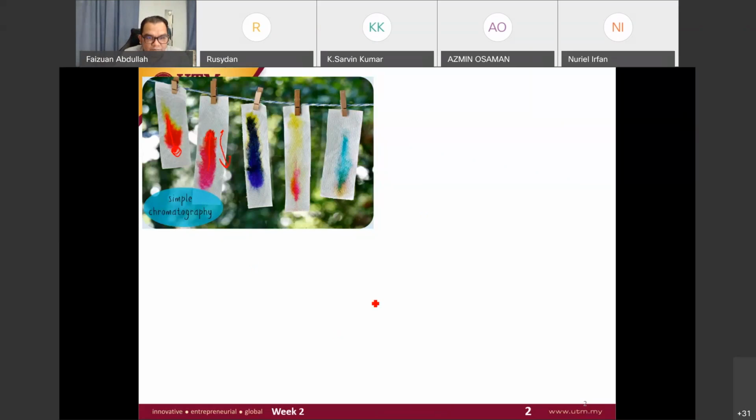Oh, now I have a pen with me, right? I have a lot of gadgets. This is my invisible pen. It's quite spooky. Okay, right. So this is the chromatography, the basic of chromatography. You can see we put... Oh, what happened?